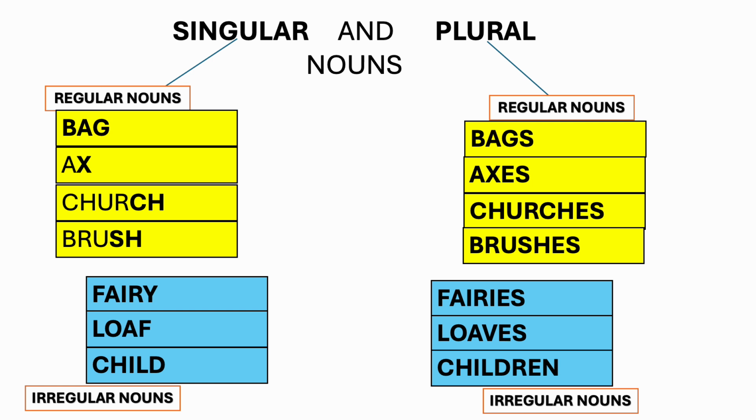The word loaf, we change letter f to v and add es to form the plural. Child, of course, the plural of child is children. Can you see now the difference? Very good.